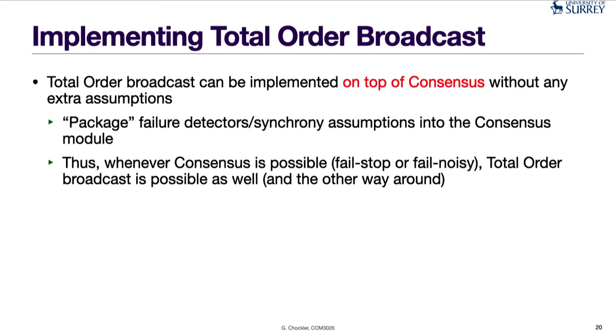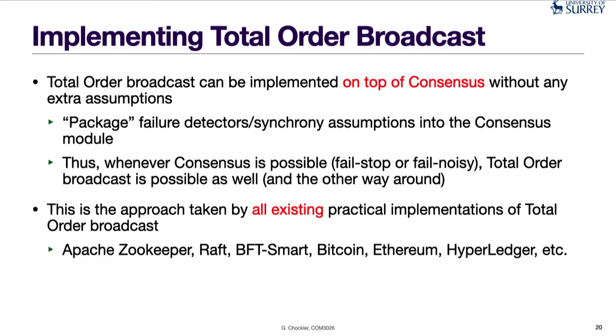And so we don't need to make any extra environment assumptions for implementing total order if we have consensus given. Okay, and that greatly simplifies the design of the solution. And in fact, that's the approach taken by virtually all existing practical implementations of total order. And those include Apache Zookeeper, Raft, BFT Smart, Bitcoin, Ethereum, Hyperledger, and so on and so forth.